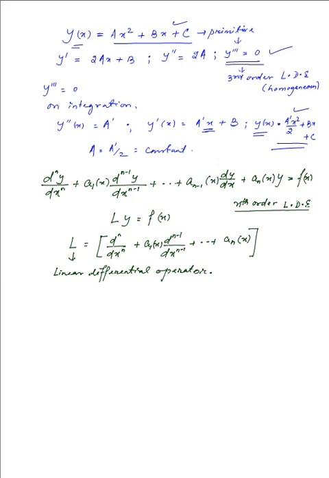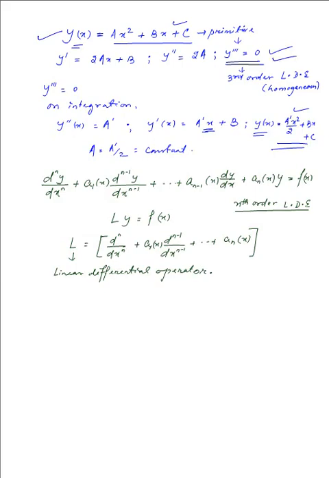Now this may have a solution. Let us say y is equal to u of x is the solution, just like in the previous case where we had an equation where y of x was something and it led to a differential equation that is here.